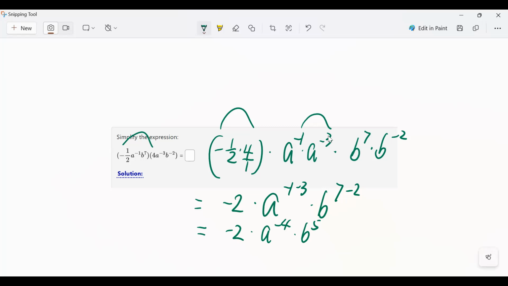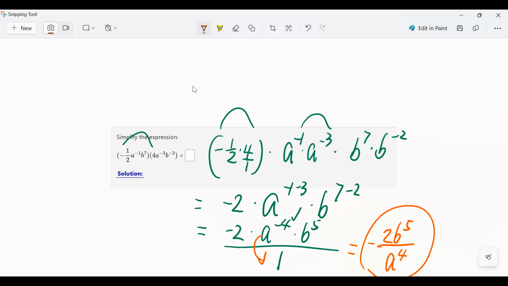And this is not done yet. I'm going to make a fraction here because negative exponents are not allowed. So we're going to flip this to the denominator. We end up with negative 2b to the 5th on top, and when you flip this to the bottom, it becomes a to the 4th.